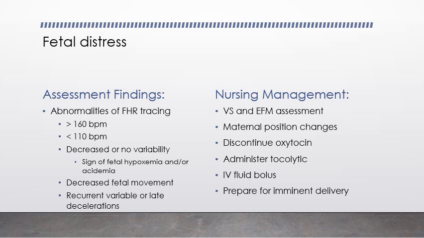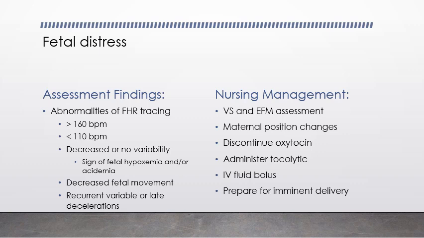If need be, we need to administer a tocolytic, and the tocolytic of choice usually is terbutaline, and I believe I had you profile terbutaline in your labor complications medication sheet. You can also administer an IV fluid bolus. This is usually part of the standing orders for admission to the labor room.